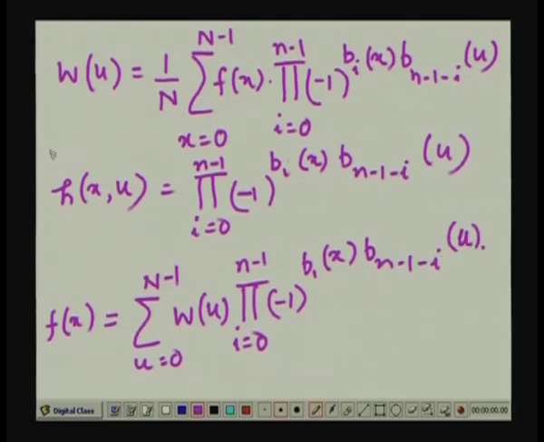So, this is the inverse kernel and this is the inverse transformation.